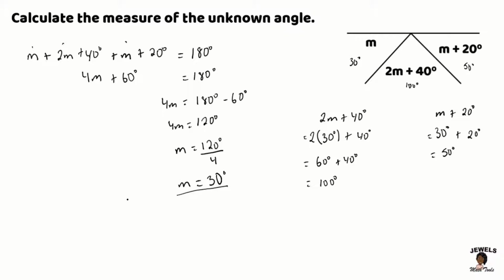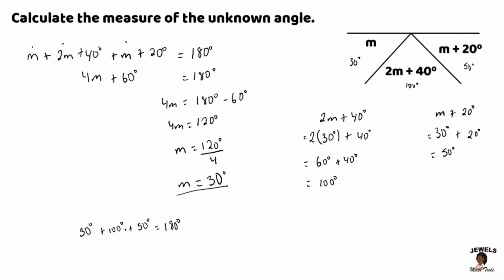And now our most important step is to check our answers. Remember that all of these angles are supposed to add up to 180 degrees. That means I'm now going to be adding my 30 degrees plus 100 degrees plus 50 degrees. And again, all of this should equal 180 degrees.